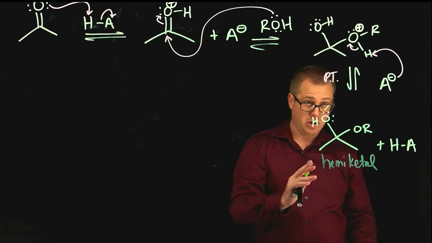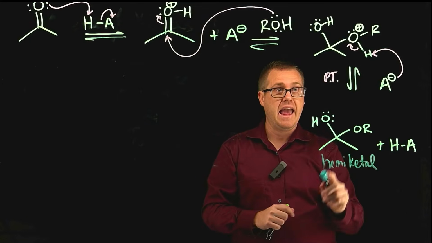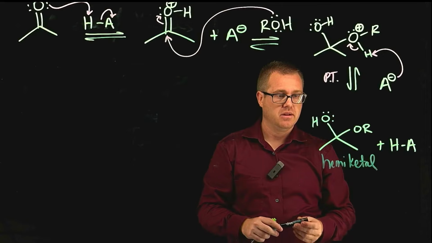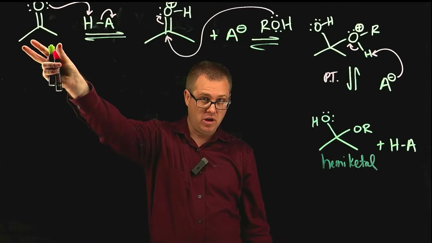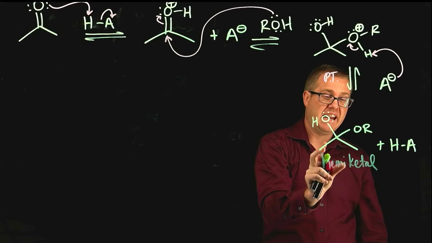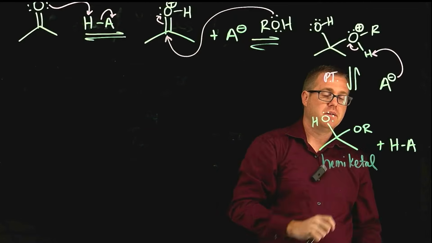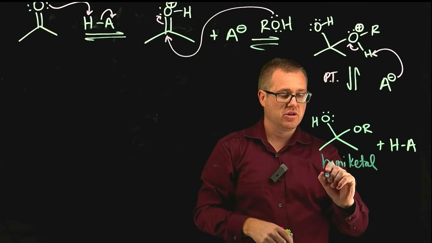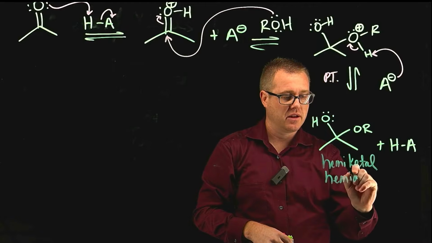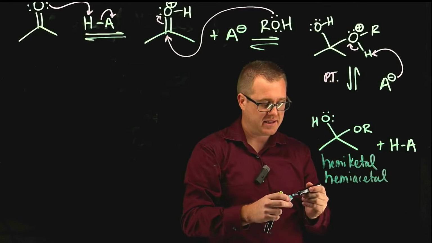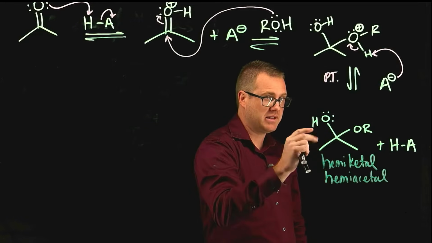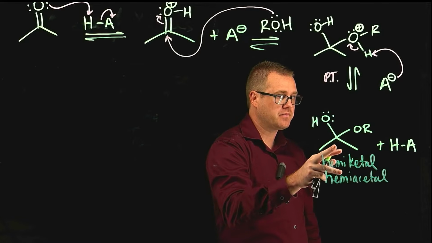Now, your textbook is going to call that a hemiacetal. But remember, we're starting with a ketone, so it's a hemiketal. But your book uses this for all of it, hemiacetals. So either one would work, but technically it's a hemiketal.